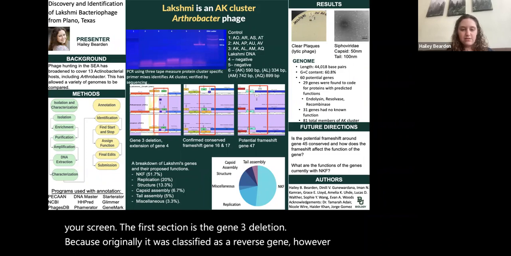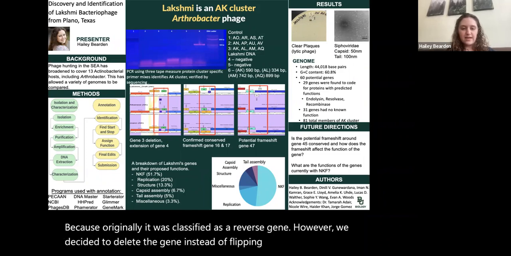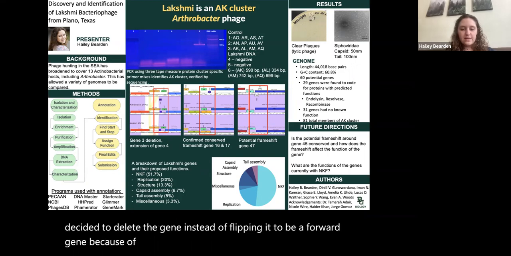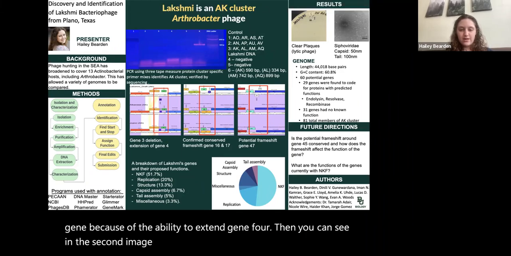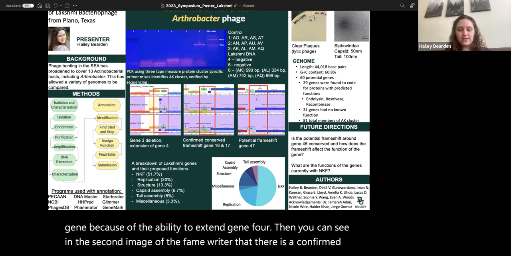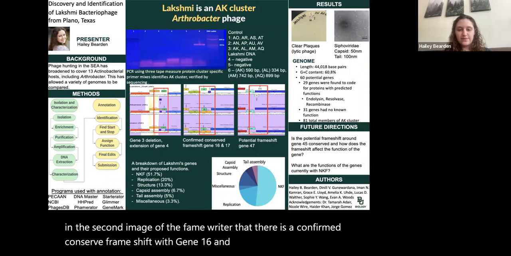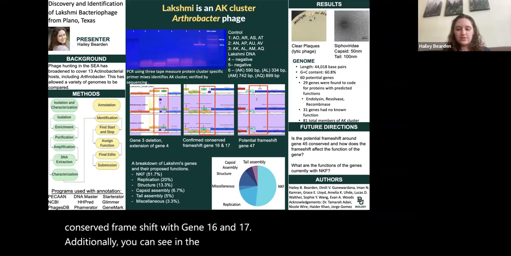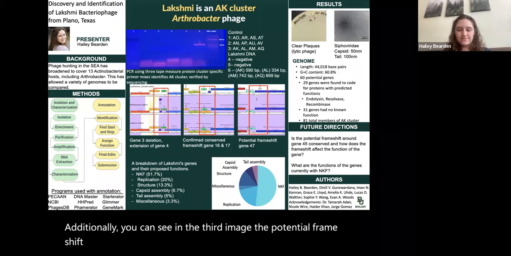However, we decided to delete the gene instead of flipping it to be a forward gene because of the ability to extend gene 4. Then you can see in the second image of the Phamerator that there is a confirmed conserved frameshift with genes 16 and 17. Additionally, you can see in the third image the potential frameshift of gene 47.